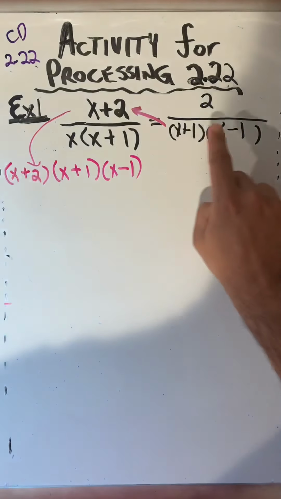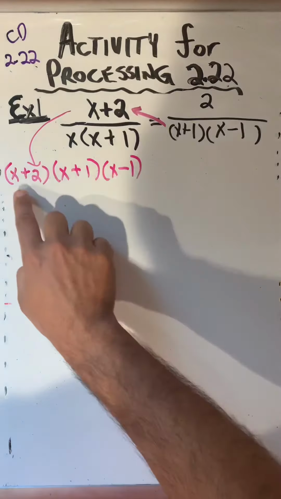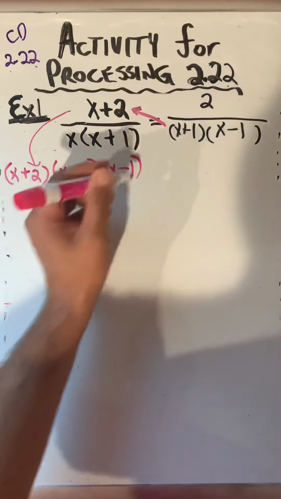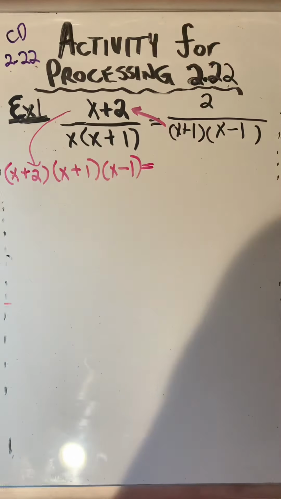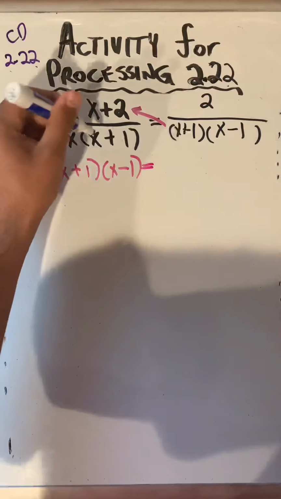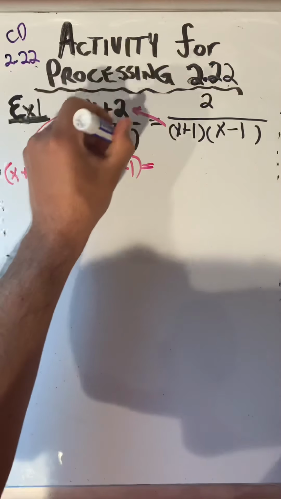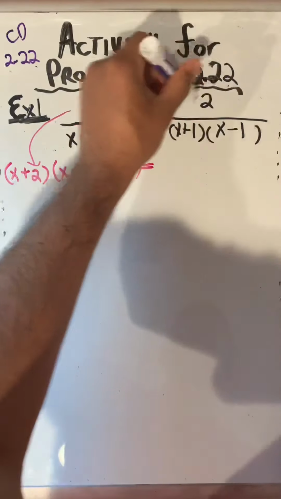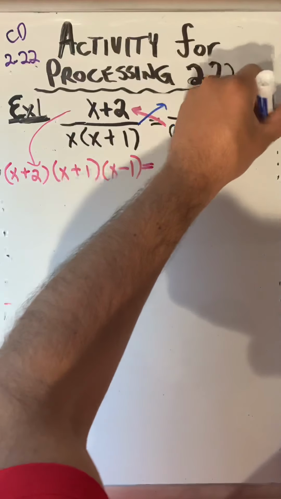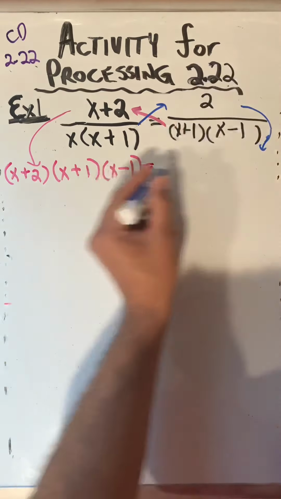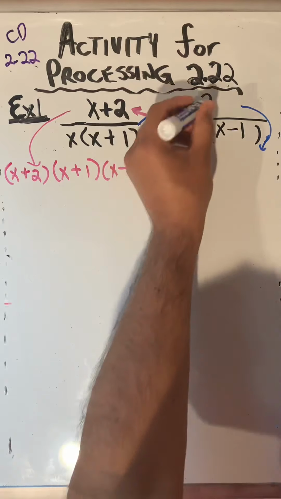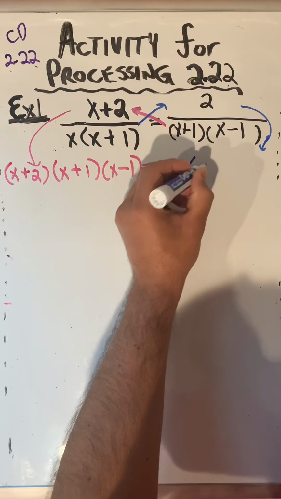Okay, so it's x plus 1, x minus 1, x plus 2, and we create a product with those three values there. Now we're going to cross multiply this denominator that I'm hovering over and this numerator over here, and put the result right there. This product. So we got 2 times x plus 1.